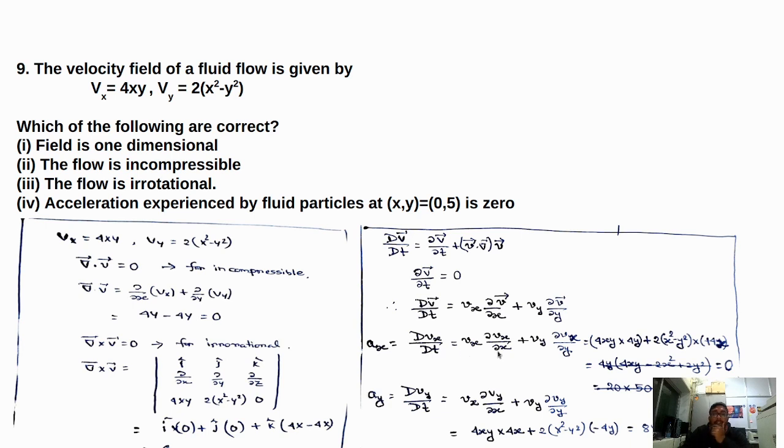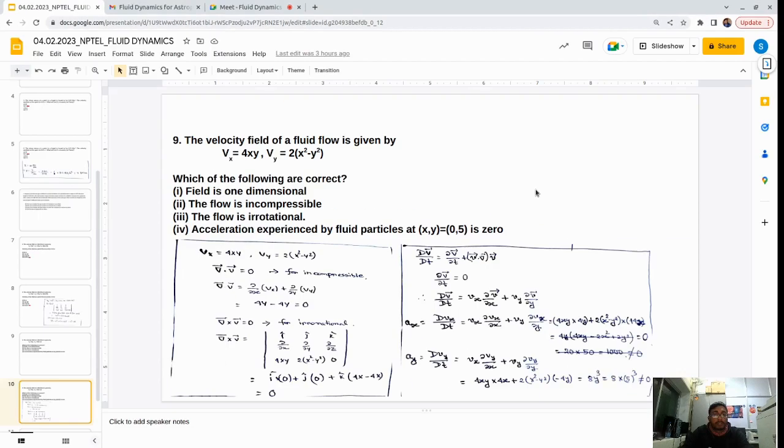From the v vector you are taking the Vx and you have calculated the del Vx del x plus Vy del Vx del y, and then you go to the calculation, and finally you put the x and y value. Similarly in the Vy component you have to calculate the del Vy del x and del Vy del y. Sorry, not 0, this one is 0. So finally this will not be 0. So this is the process. Now the calculation is up to you, I think.